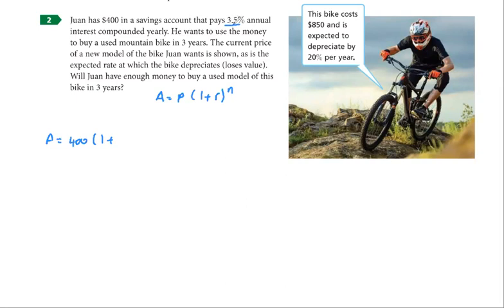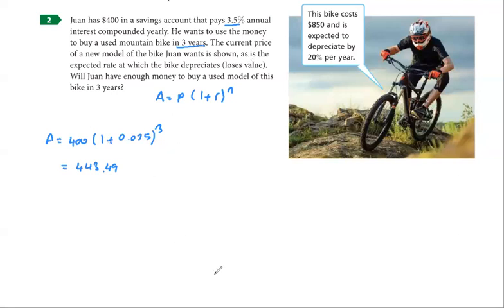So 3.5% means 0.035 in decimal. And now we want to see the total amount that we will have after 3 years. If you plug this into a calculator, you will get roughly 443.49. So this is the total amount he's going to have in 3 years, which is like $43 of interest in 3 years. Not good enough, but it's a savings income.